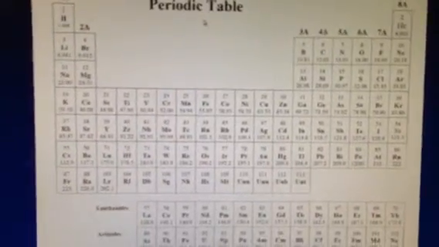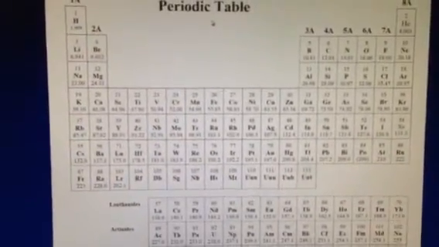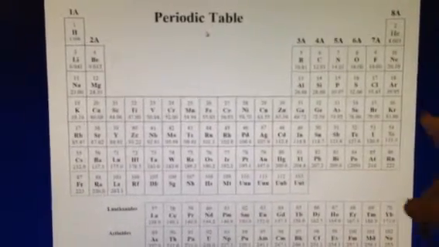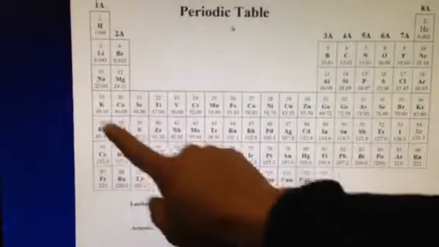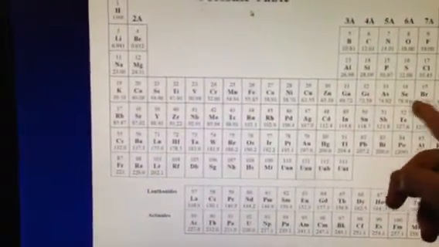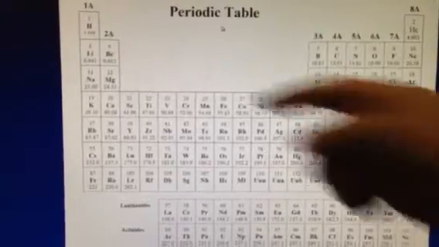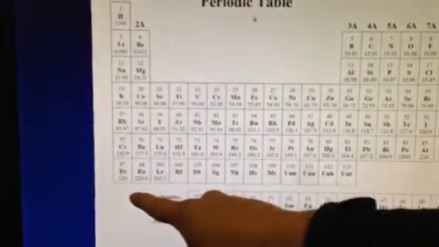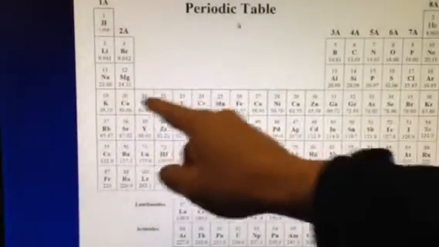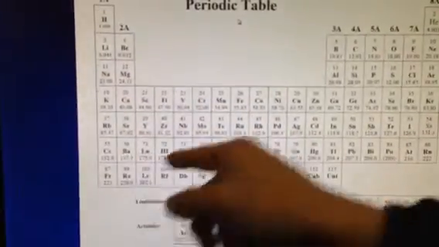Okay, so let's start with atomic radius. Atomic radius gets larger as you go right to left, and smaller as you go left to right. As you go down, the atom gets larger because with each row you're adding a new energy level.